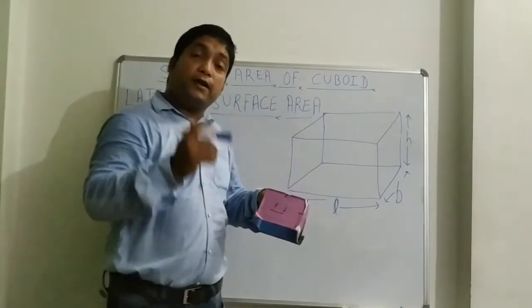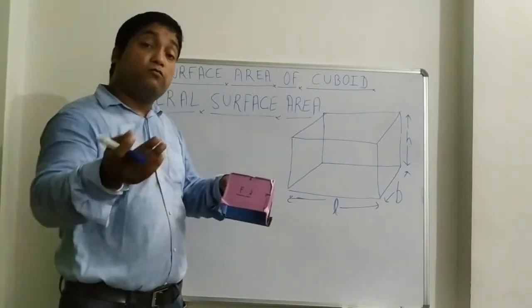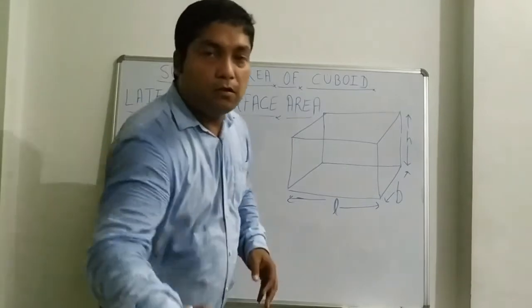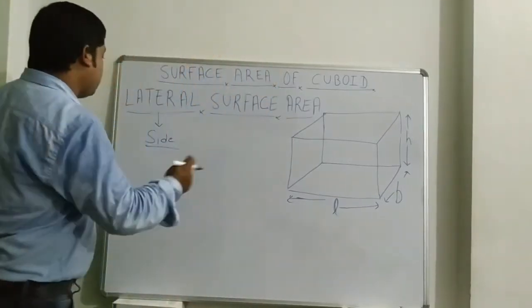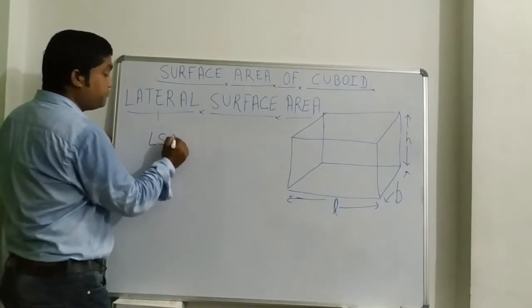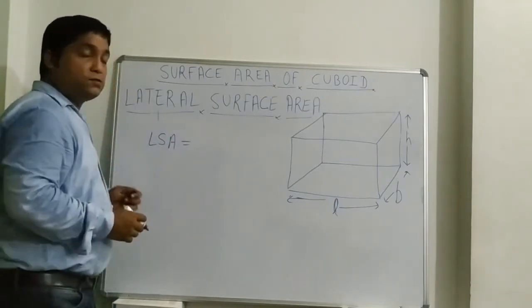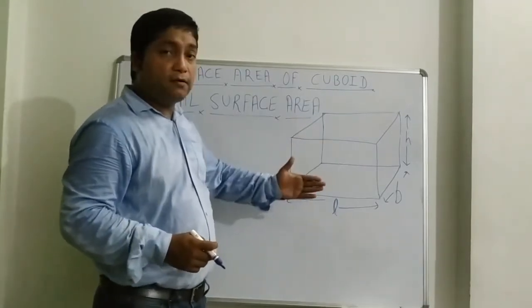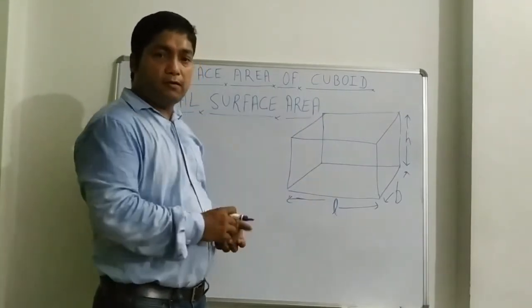So for finding the lateral surface area, what should we remove? Upside and downside. It means that the lateral surface area of a cuboid is equal to the total minus the upside and downside.